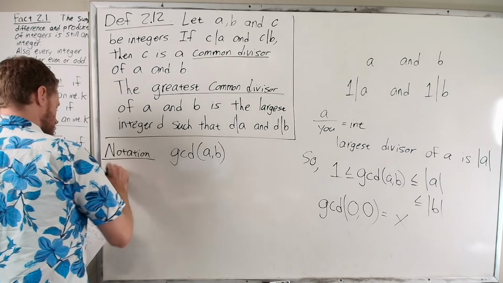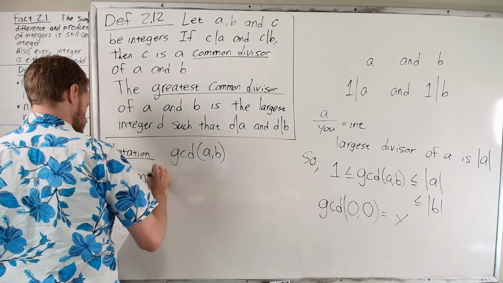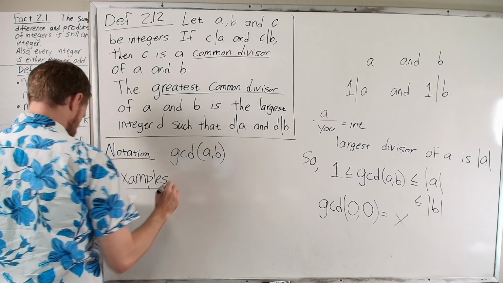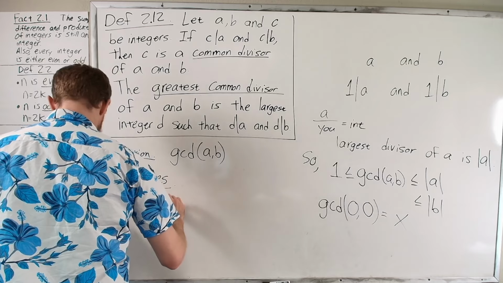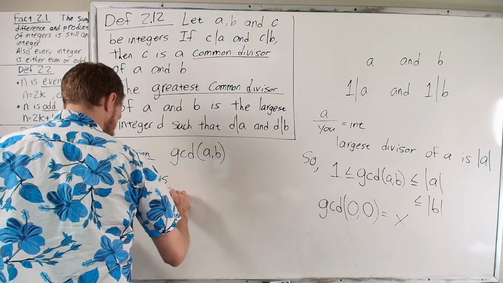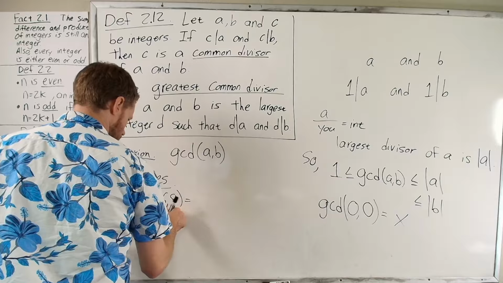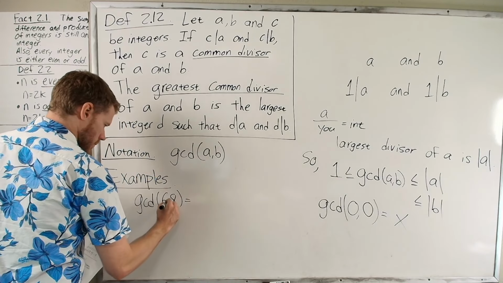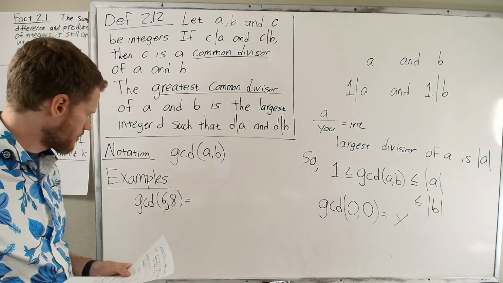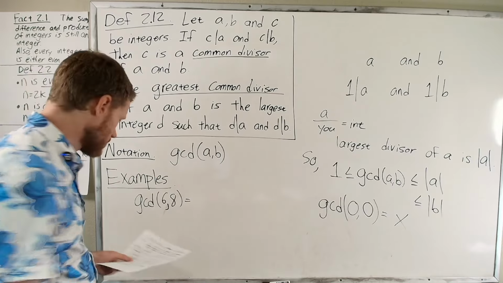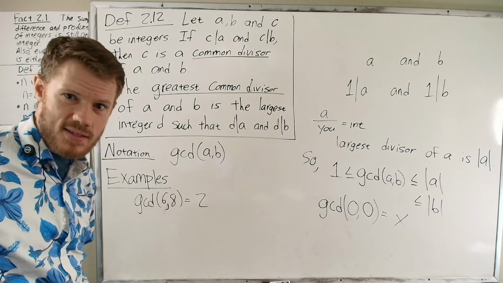Let's actually do some examples. Okay, examples. GCD of 6 and 8. What would this be? 2. 2 divides 6. 2 divides 8.